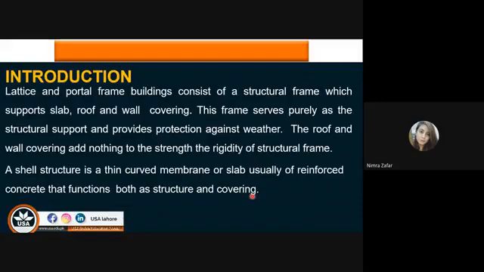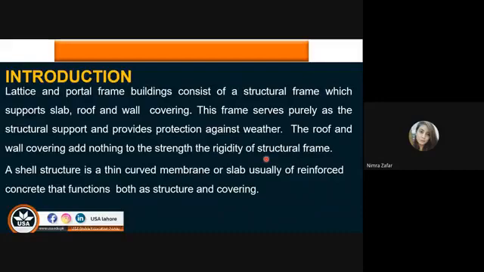We have walls, and then we have roof, floor. We have different structural systems which are connected to one another to make a structure. So the purpose of the roof and the exterior is to provide protection against weather and also to provide structural support.